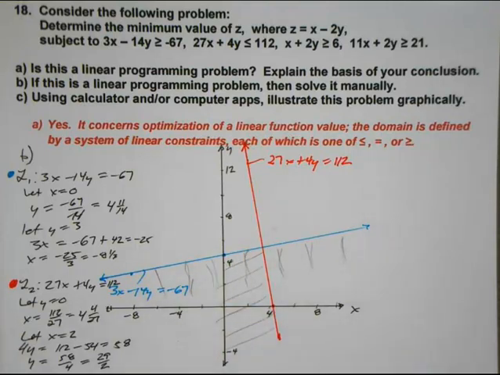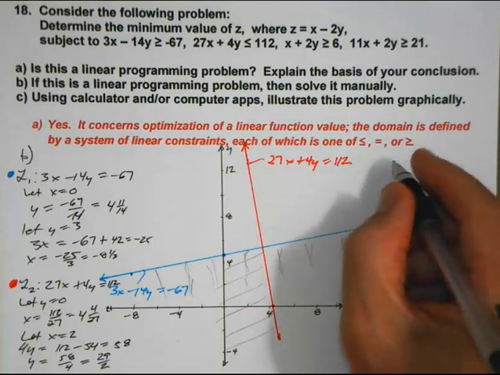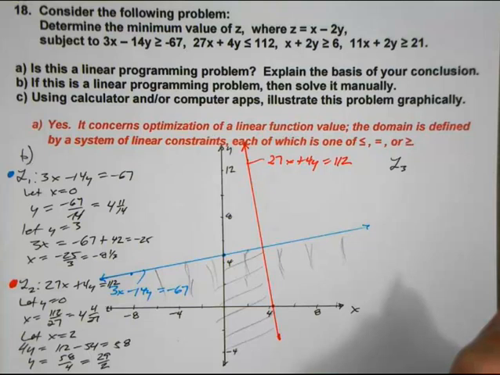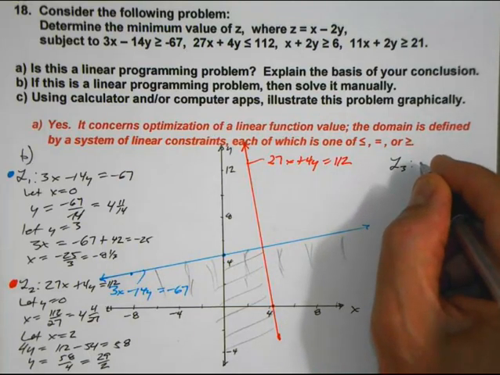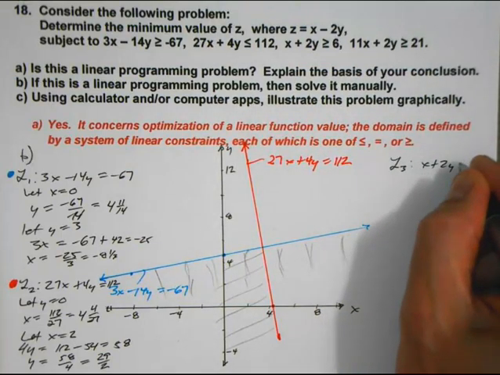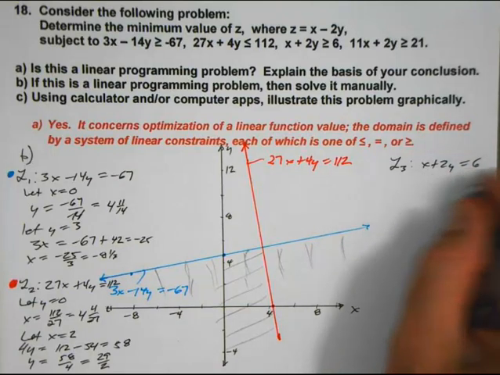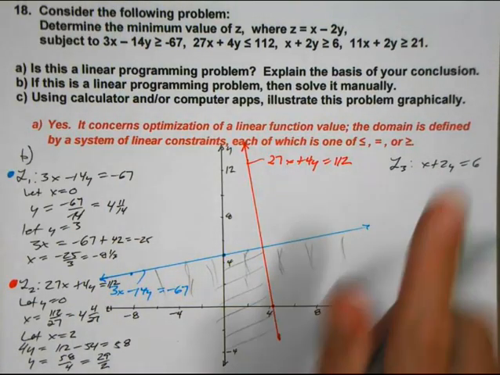Okay, time to go to the third inequality up here. Alright, let's get our boundary line going. We'll call this boundary line L3. And what about that? We have to consider the corresponding equality of this inequality. x plus 2y equals 6. Okay, this one's got some nice easy intercepts we can just do mentally here. Let's get those going. If y is 0, x is 6.